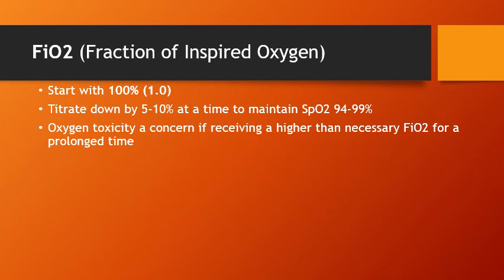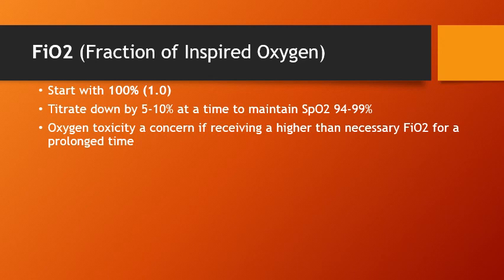The next setting we're going to talk about is our FiO2, or fraction of inspired oxygen. On every patient, if we're initiating mechanical ventilation, we're going to start with an FiO2 of 100%, or 1.0. Now we can titrate down that FiO2 by 5 to 10% at a time. Always, we want to maintain our SpO2 between 94 and 99%.